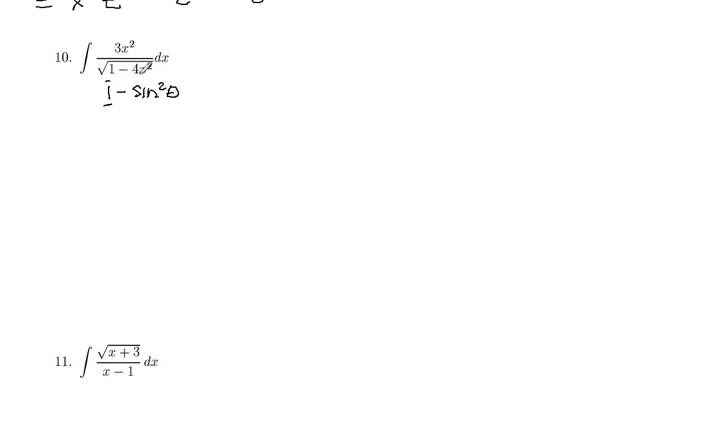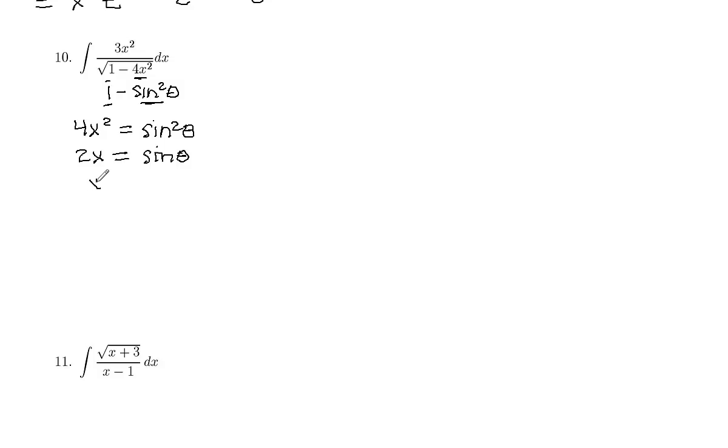So our substitution here is that the 4x squared has to be sine squared. Okay, so 4x squared then has to equal our sine squared theta. And then take square roots on both sides. So 2x will equal sine theta.